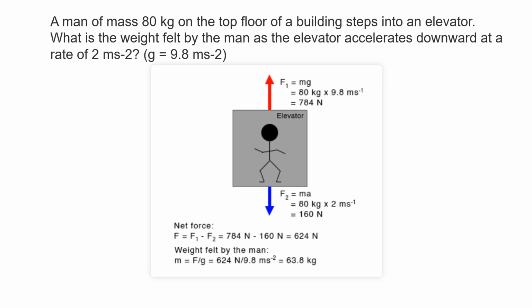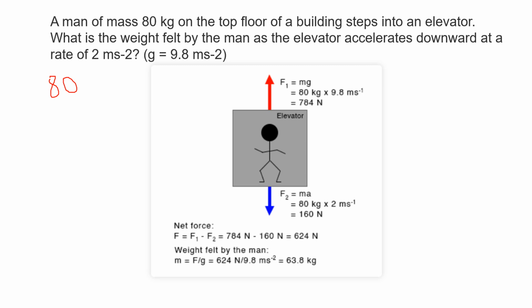We're given mass equals 80 kilograms, acceleration is 2 meters per second squared, and this gravitational constant is 9.8 meters per second squared.